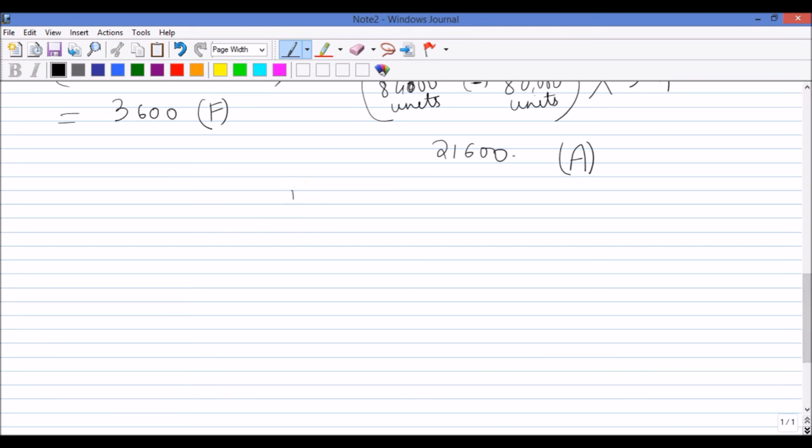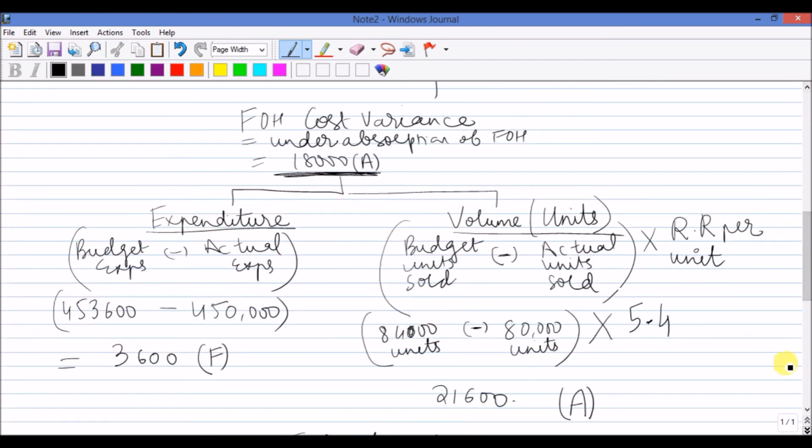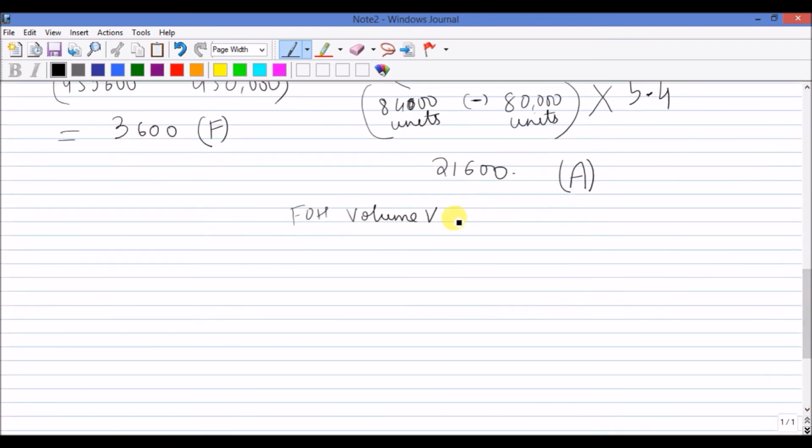Now fixed overhead volume variance is how much? It's 21,600 adverse. Okay, it is going to divide into two parts. One is called the capacity and the other part is called the efficiency.